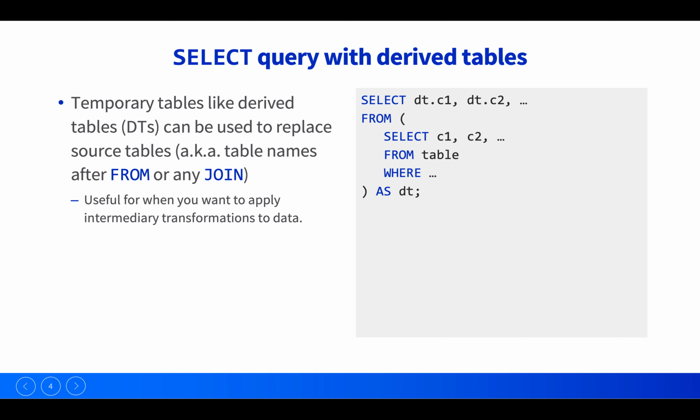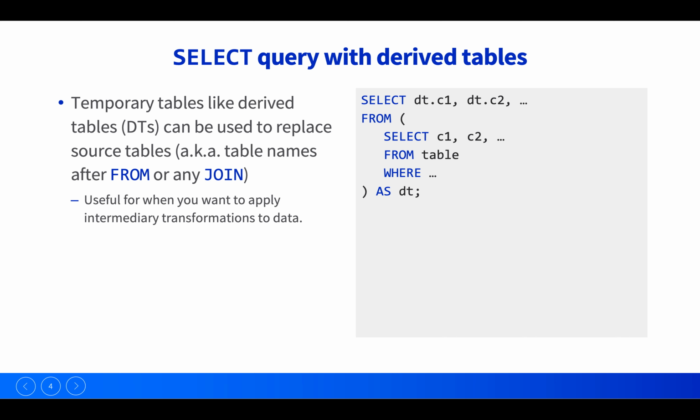The way that we would do that is through the following sample template of a select query with a derived table. It still starts with something that we're very familiar with, a select statement, followed by a couple of columns that we want to select. And you'll notice we are using an alias here called DT, referring to a particular table, and from this table we're trying to get column C1, C2, etc. Afterwards, we provide a from clause so that we know what the source table is.